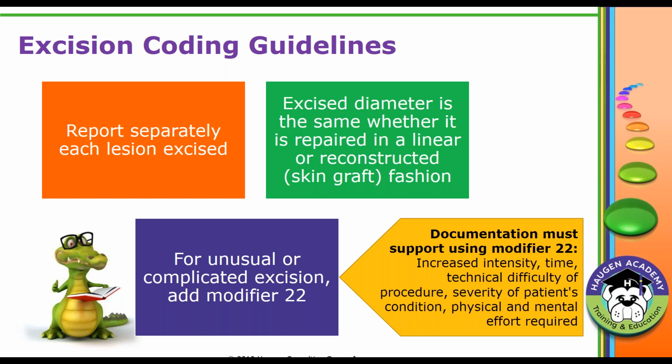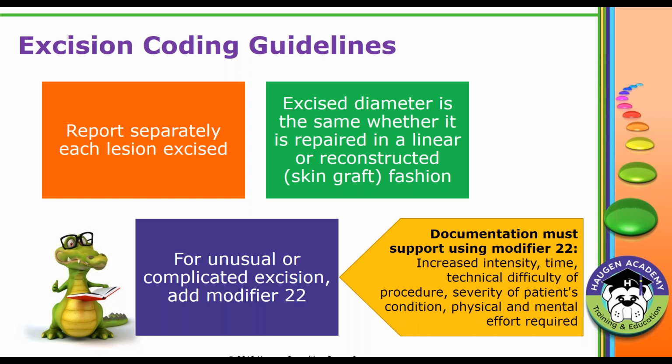I mentioned this earlier, but just to really emphasize, the excised diameter is going to be the same whether it's repaired linear or reconstructed, like with a skin graft. You can add modifier 22. This is a question that has recently come up in audits as well. We just want to caution again with modifier 22, you have to have documentation to support it, because in order to be paid any extra, the payer is going to want the op report.